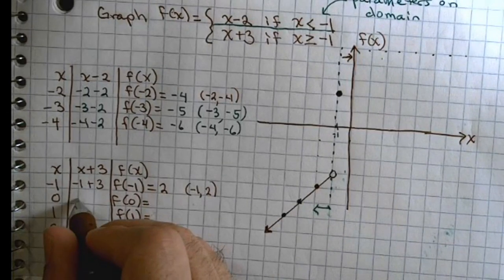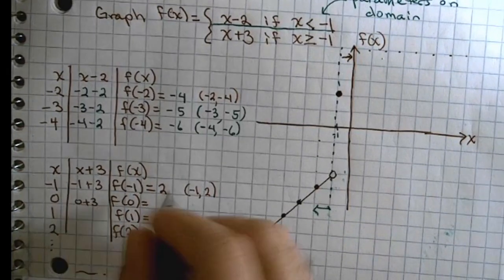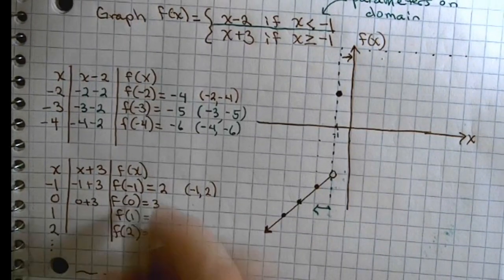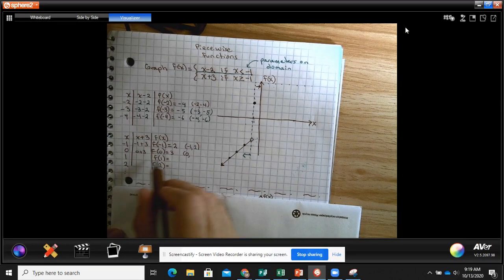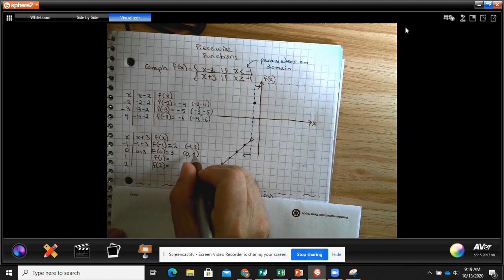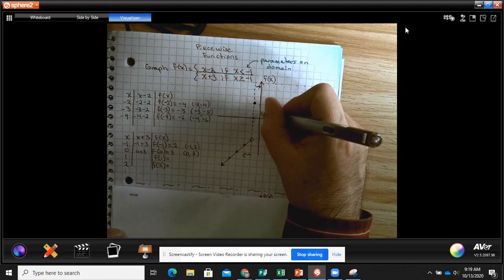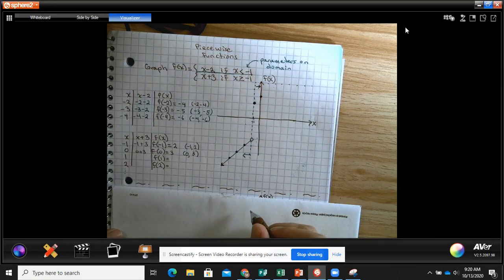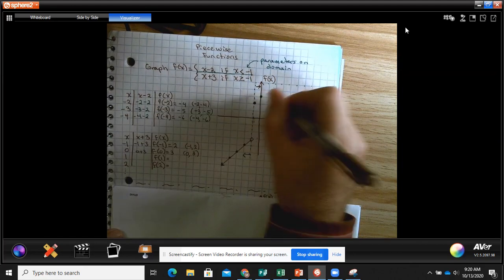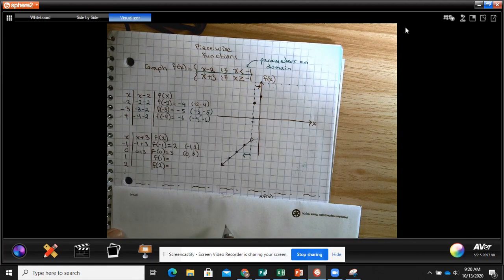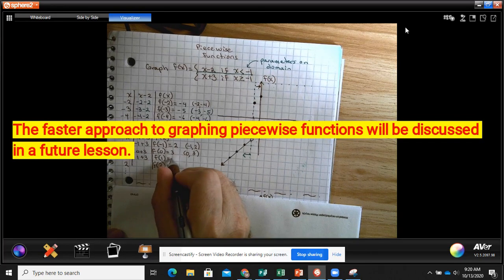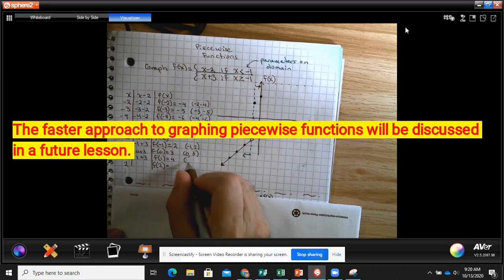I will substitute again. 0 plus 3 is 3. When x is equal to 0, the f of x, or y, is equal to 3. So when x is 0, y is equal to 3, right there. I keep repeating the process. Now, some of you are wondering, sir, is there a faster way?